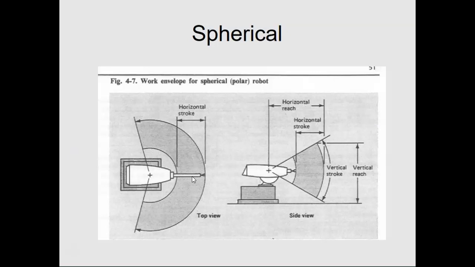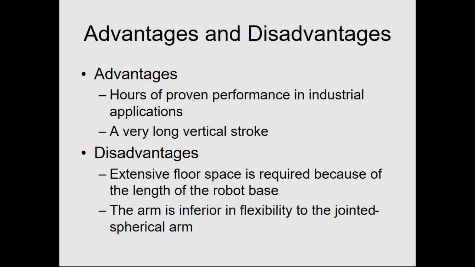So you have a horizontal stroke. That's the one linear axis, but everything else rotates. Advantages: it has hours of proven performance in industrial applications, and it has that long vertical stroke, but it requires a lot of floor space.